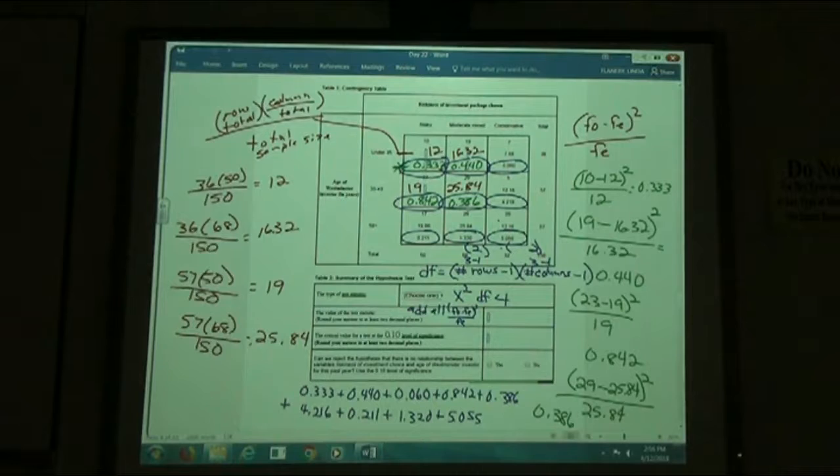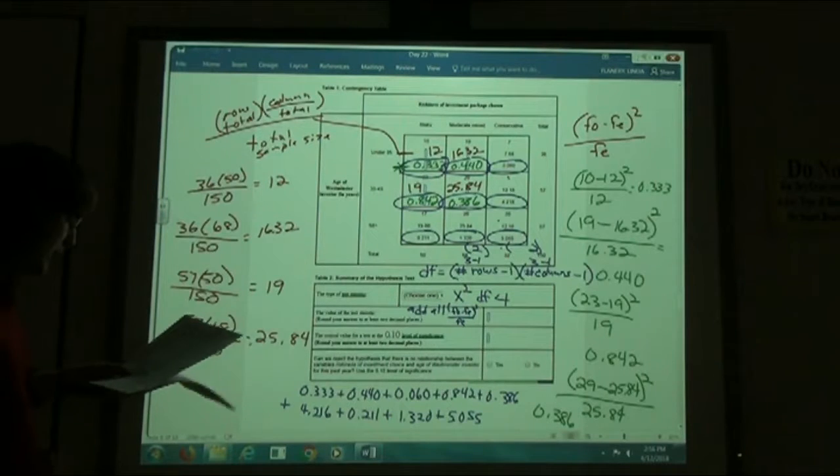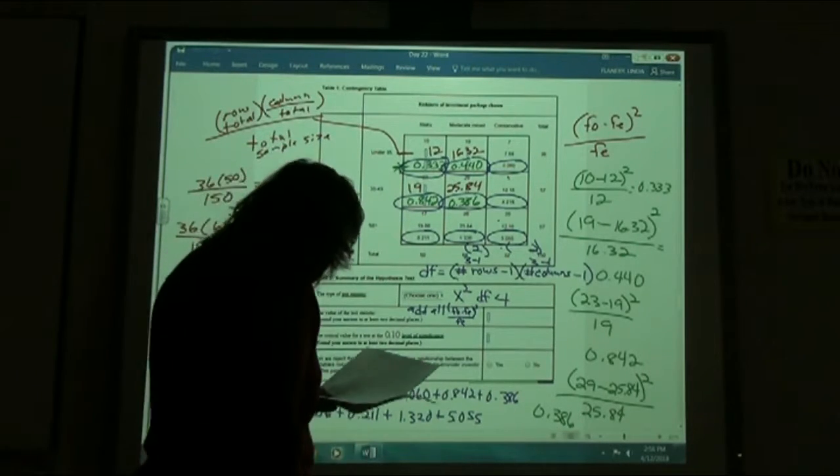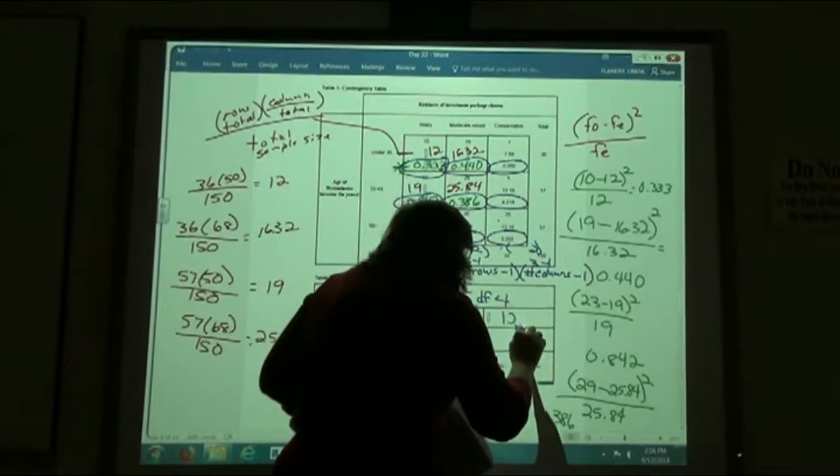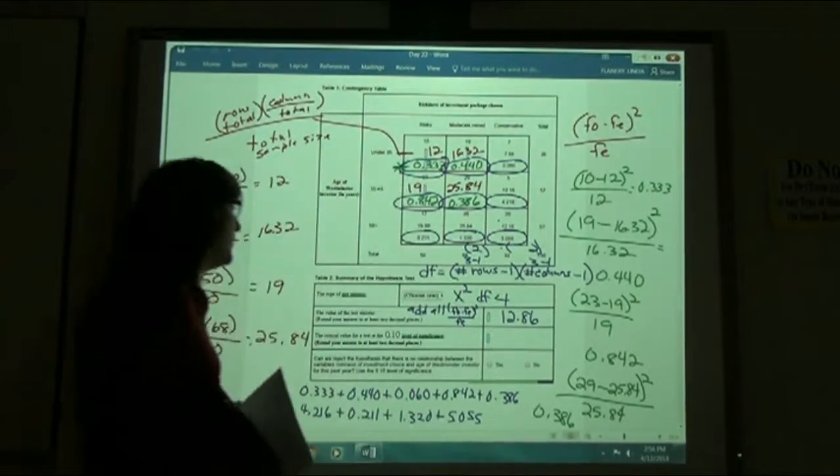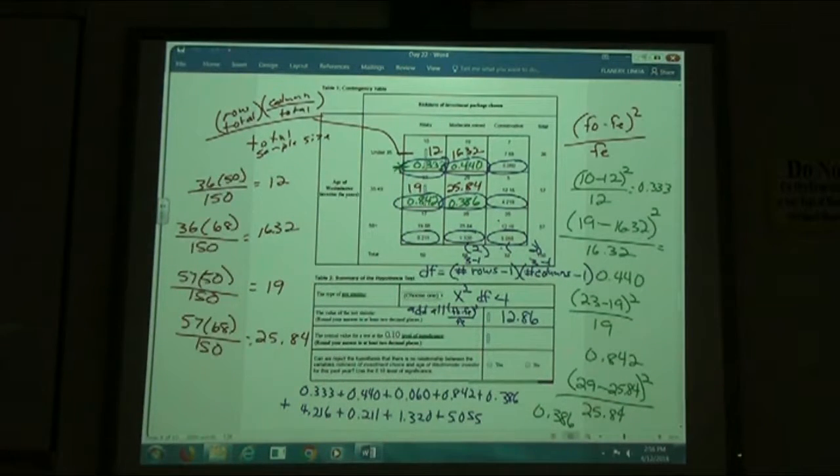I got to add all 9 of those numbers up. If you add those numbers up and round to 2 decimal places, you should come up with 12.86.